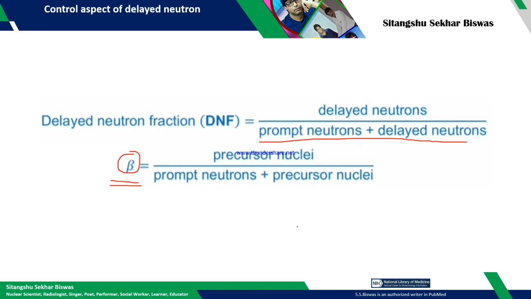With these two things we will understand how, once the delayed neutrons are produced, reactor control becomes much easier, and it will more or less always be in steady state.